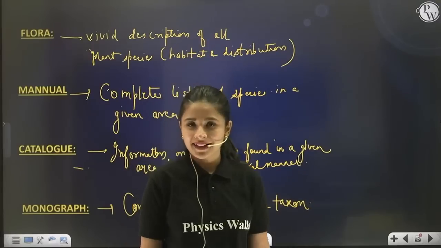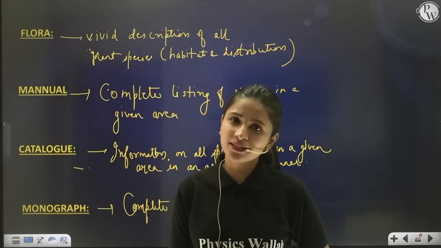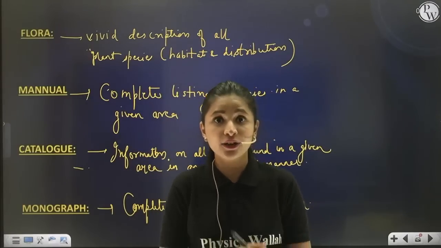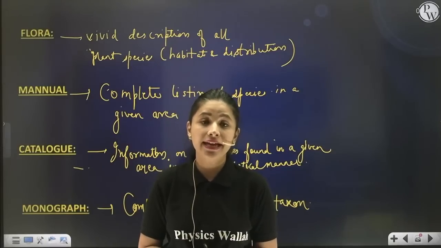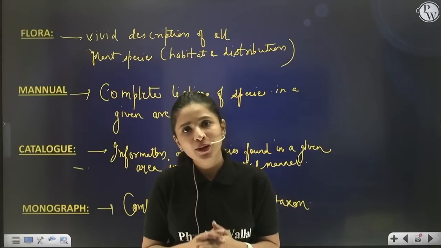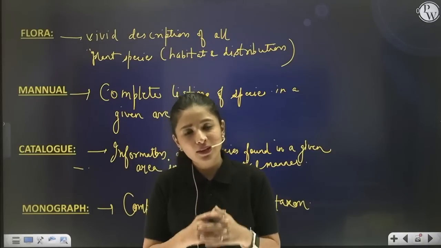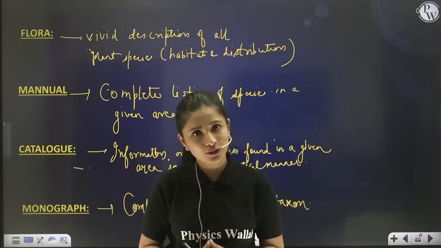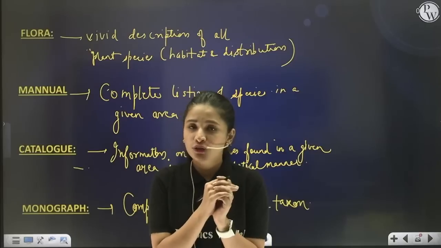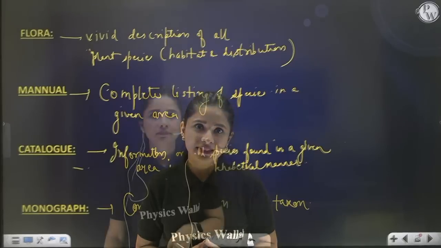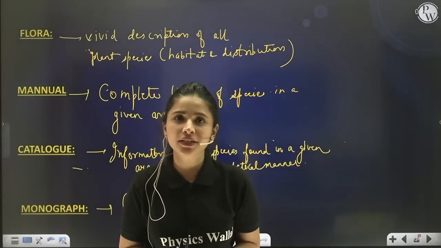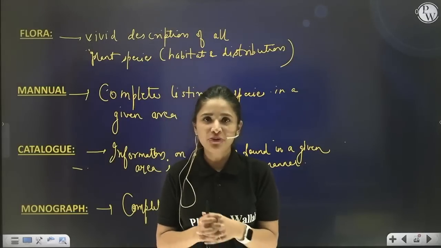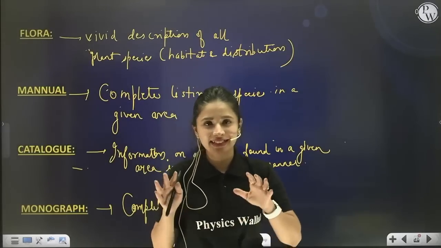I hope that all the taxonomical aids are clear to each and every one of you, as this ends the chapter. I hope all the minute details which I have told you are clear to all my dear students. Now we have completed the entire chapter.